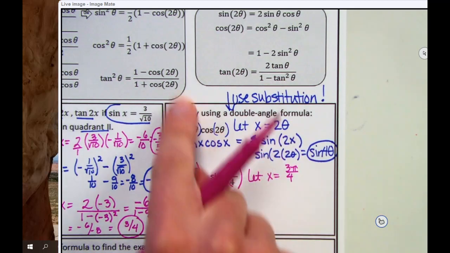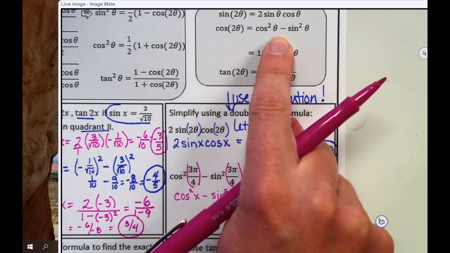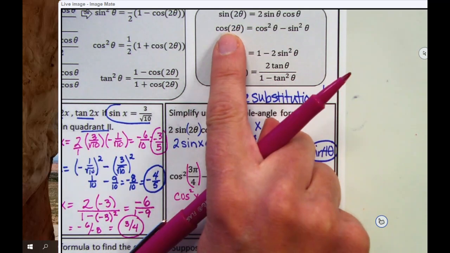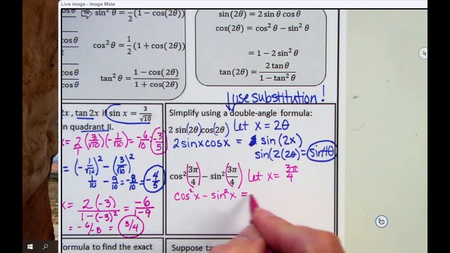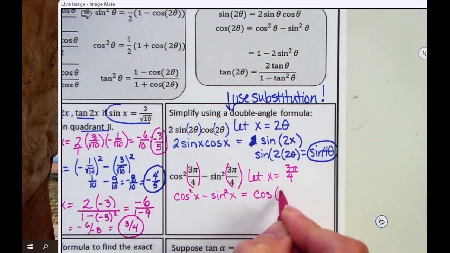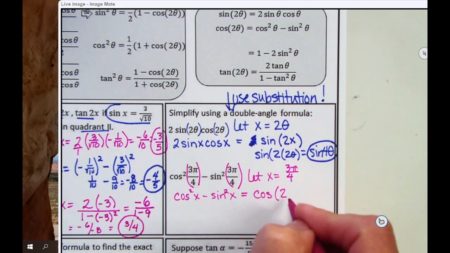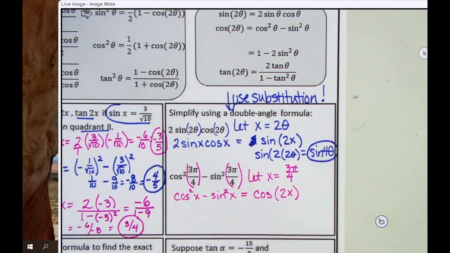That second one right there that equals cosine 2x, and we're using x instead of theta right now, so I'm just changing that to an x. But what does our x equal? 3 pi over 4. So we're going to replace that.